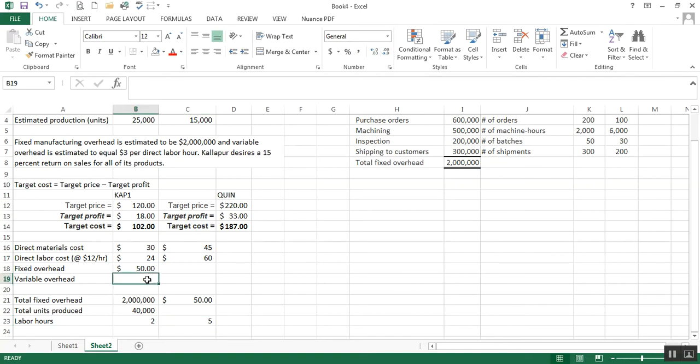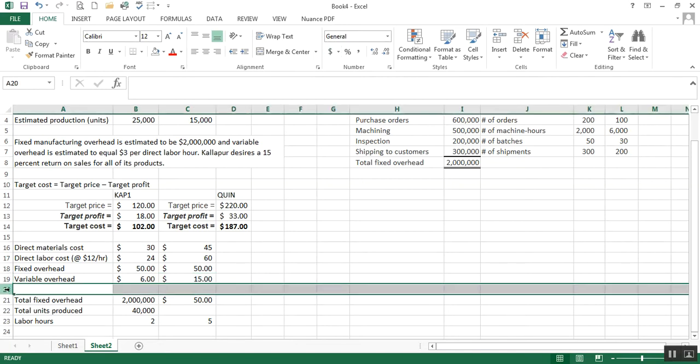So that means my variable overhead cost is going to be $3 times 2 labor hours, or $6 per unit. Here the fixed overhead is $50, the same for both products. And now it's 5 labor hours times $3 per hour, which gives me $15 per unit, because it takes 5 hours to make each unit.